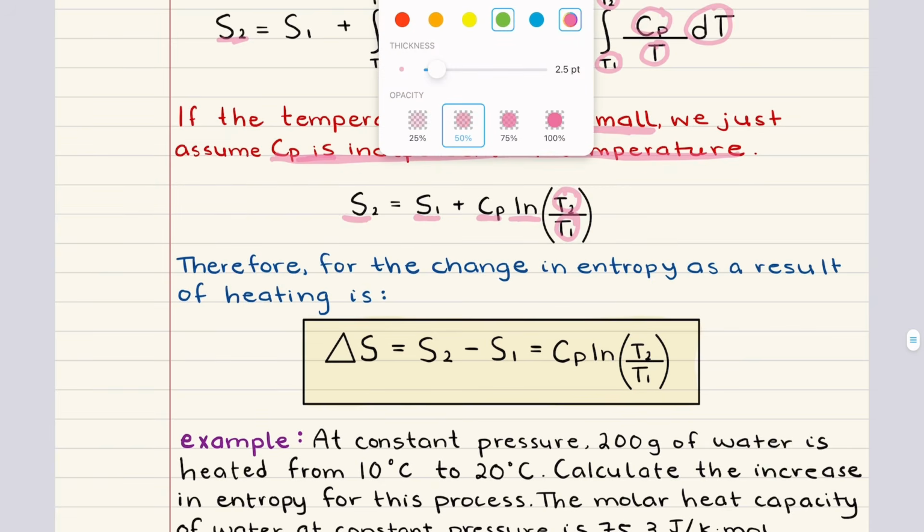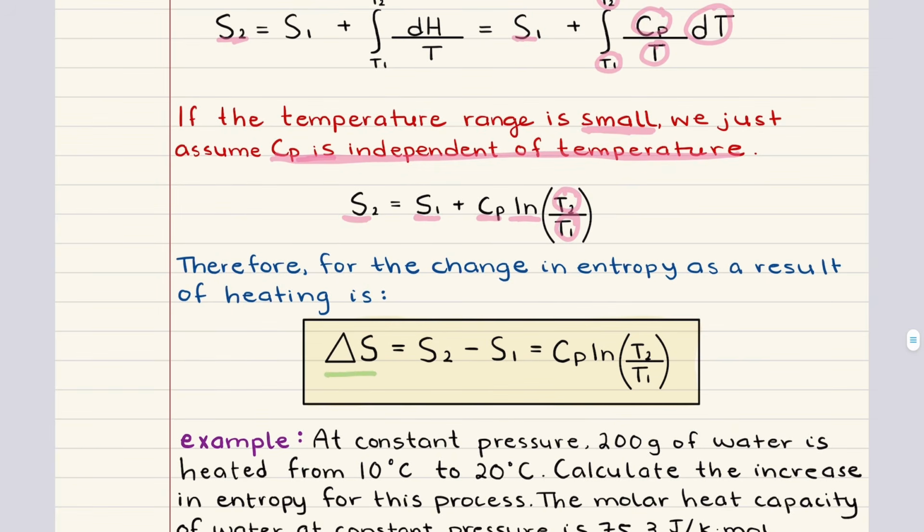Therefore, the change in entropy due to heating is delta S equals Cp times the natural log of T2 over T1. You can also write this as delta S equals the number of moles n times molar Cp times the natural log of T2 over T1. This is a very powerful result.